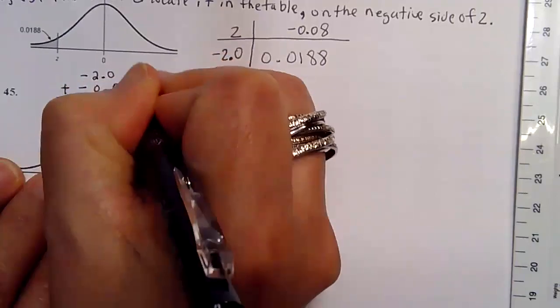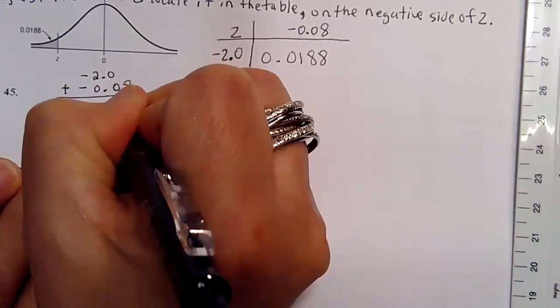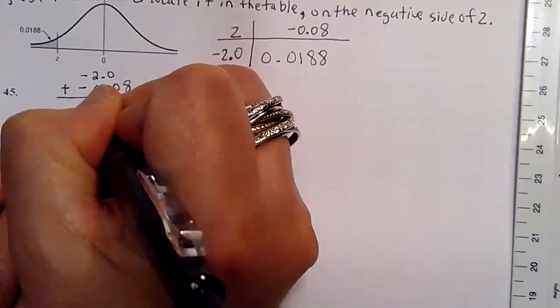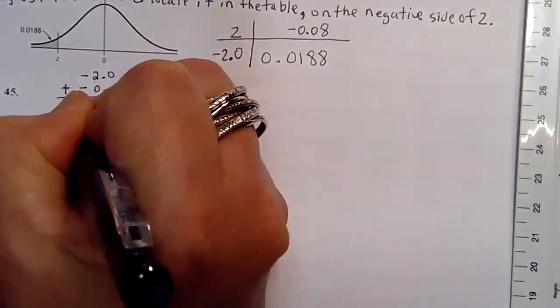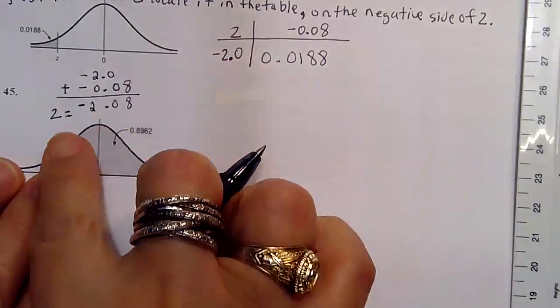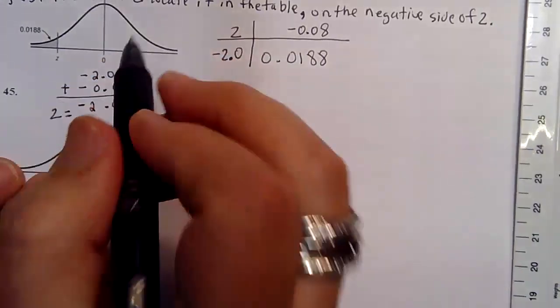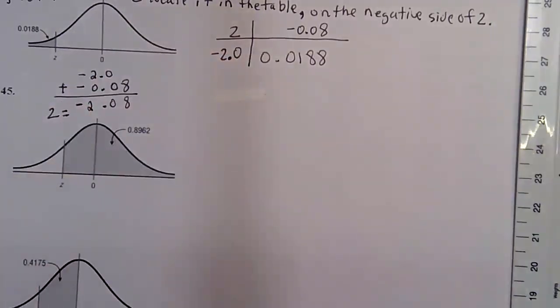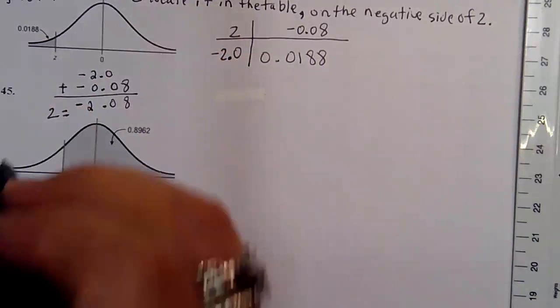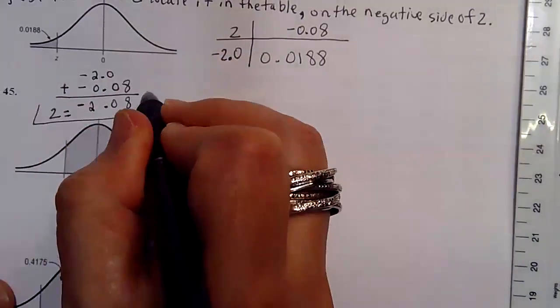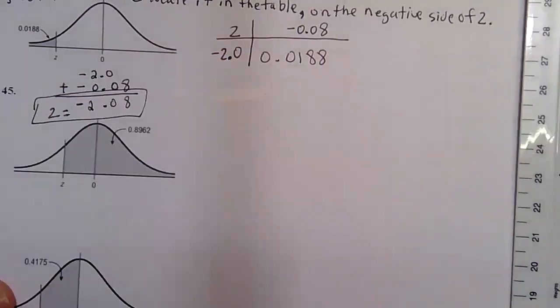So when you add those up, that's your z. Your z is equal to negative 2.08. That's your z. That's your answer. Okay.